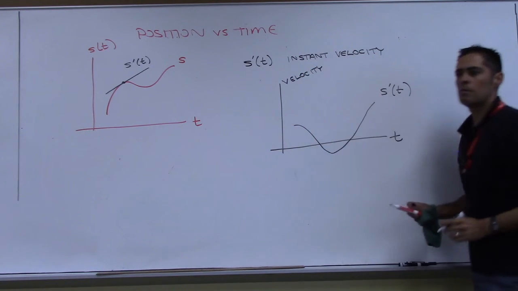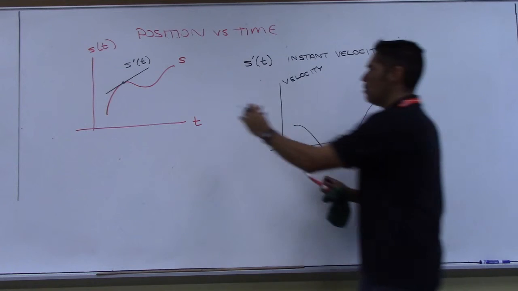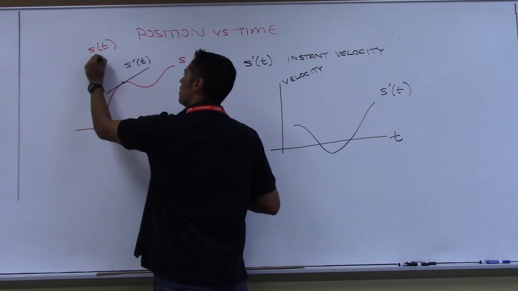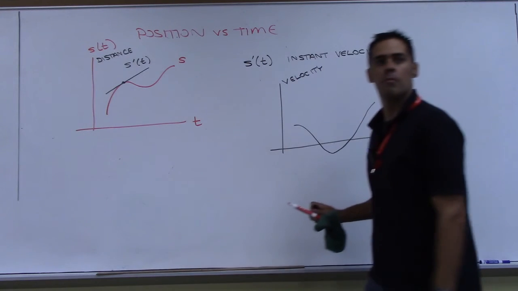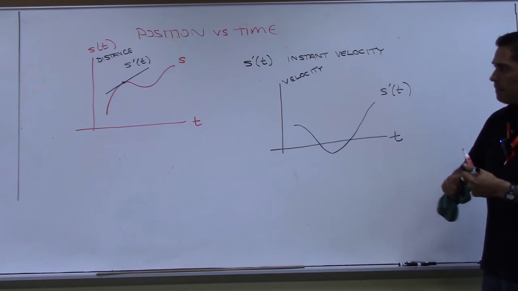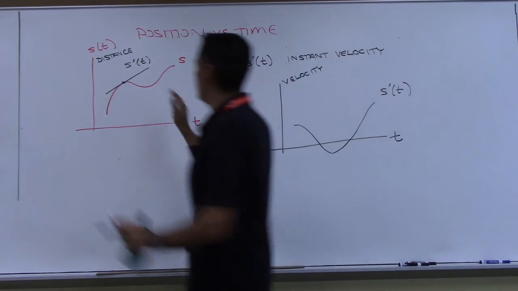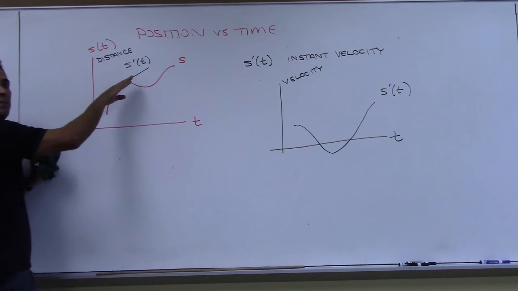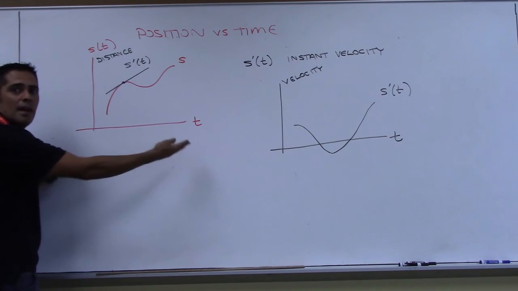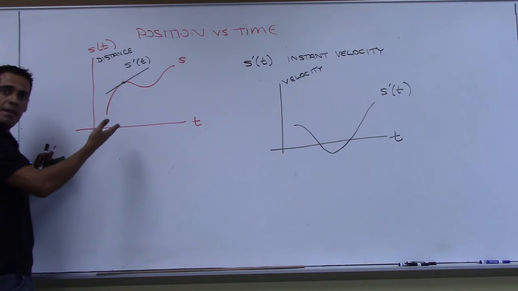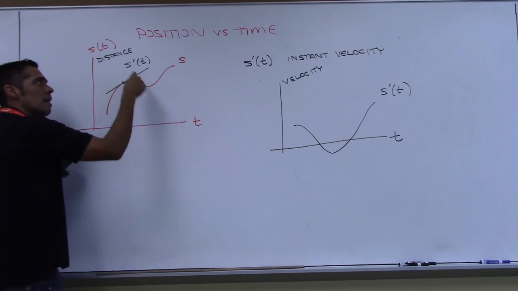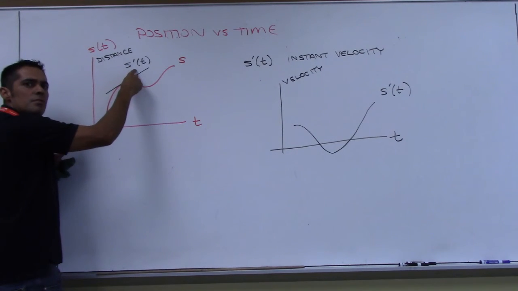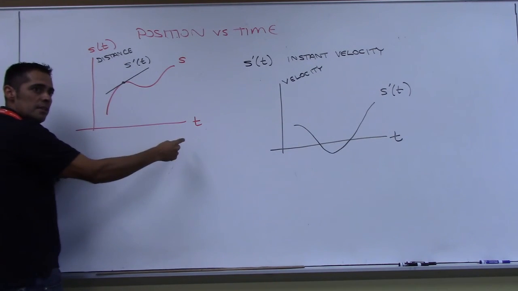Over here, it was time and distance. So if you start with time and distance, the derivative is distance over time. Distance over time was speed. So distance divided by time gave us the unit of this derivative, velocity.